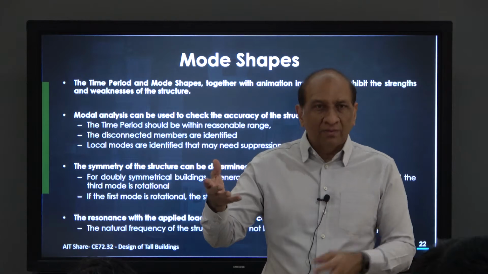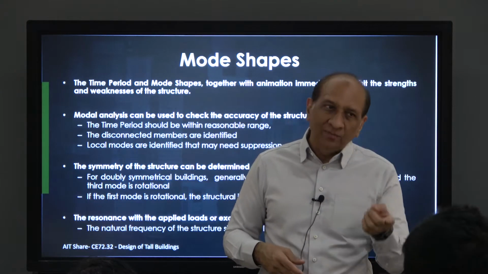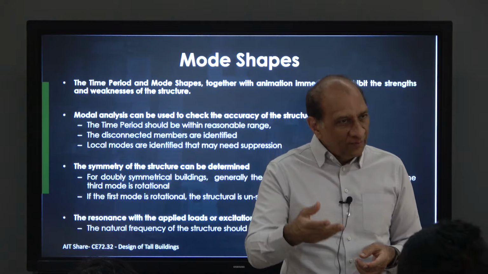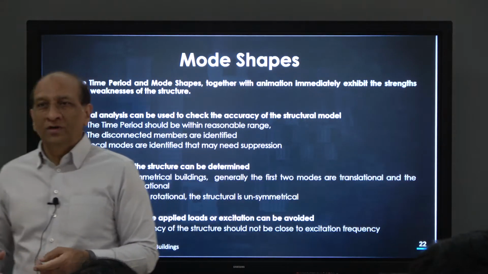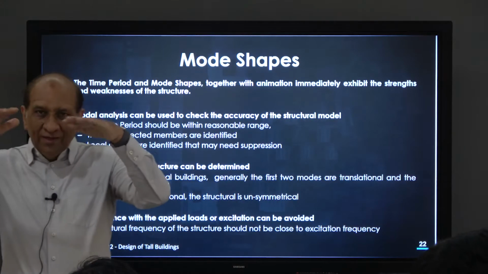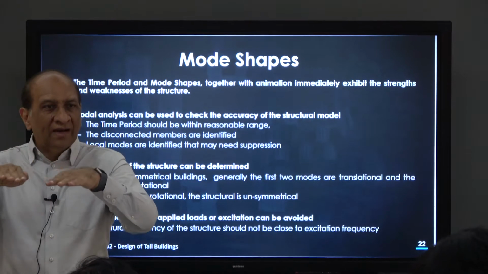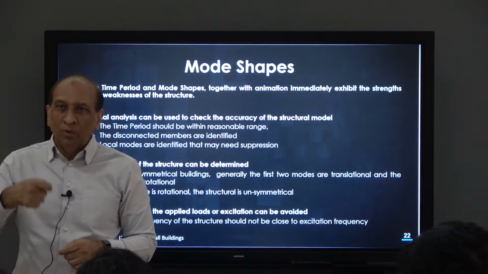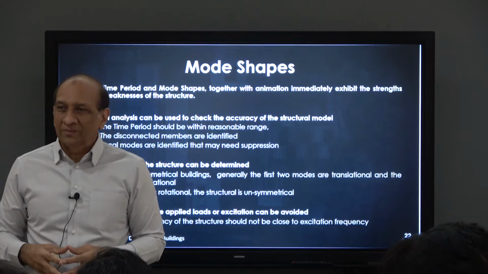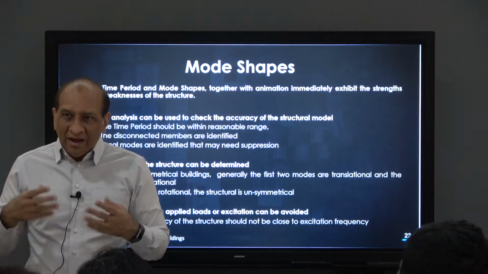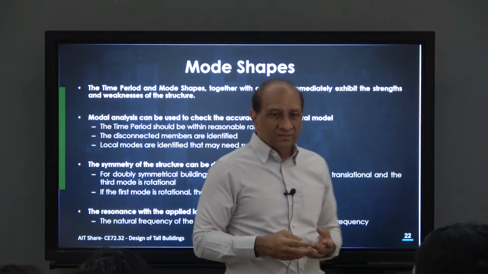So the shape combined with the number starts to give you more information, and then the second mode gives you more information, the third mode gives you more information, the fourth mode gives you still more information. So you can keep on going and looking for higher and higher modes and start getting more and more information. You can keep on going deep, right? And every mode has a meaning. We just have to find what that meaning is.